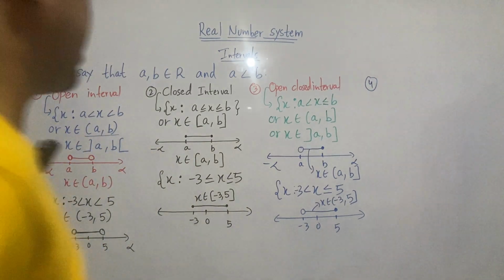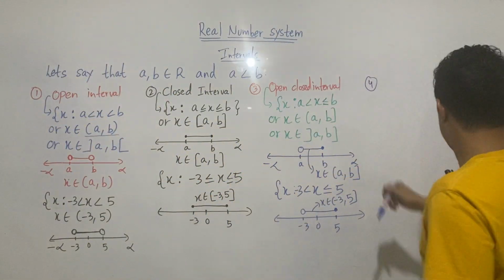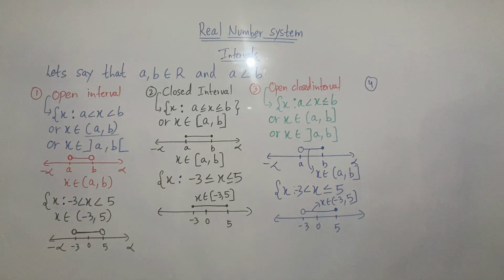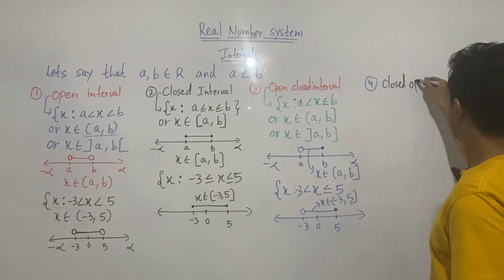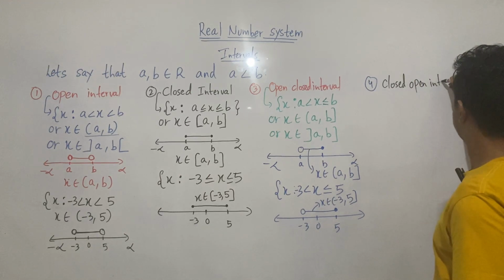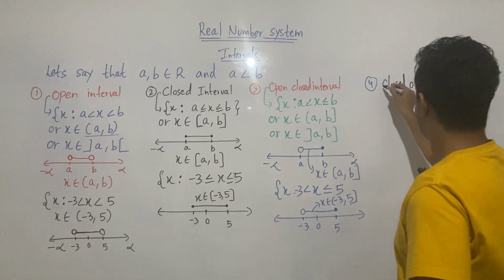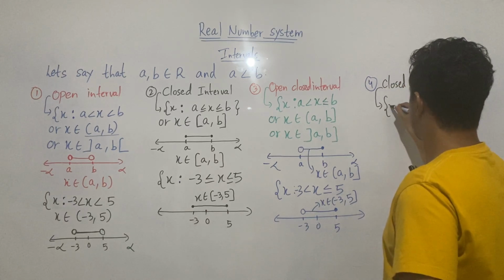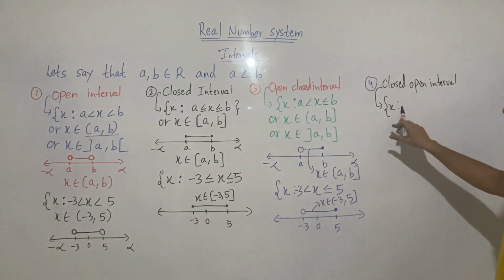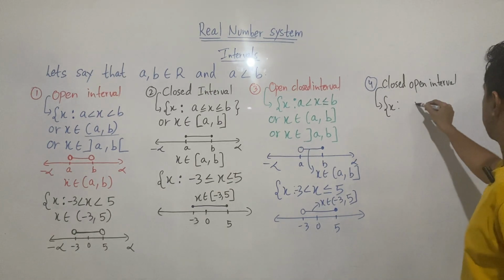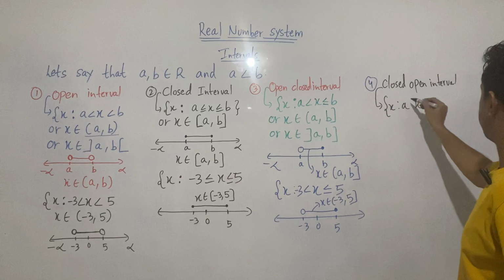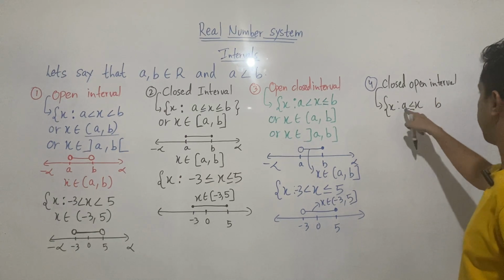Yes. Next is your closed open. Again, closed open, it's very easy. Closed open interval. Okay, so here it is defined as, okay, so here, because this is closed open, so here A, here B, this is closed means I have to include this.